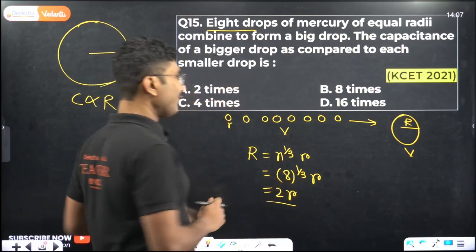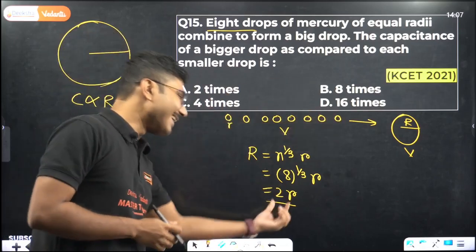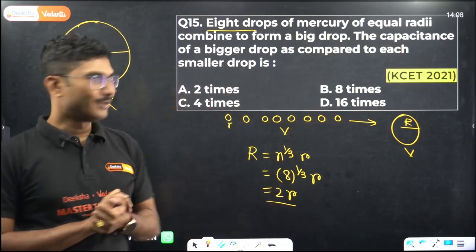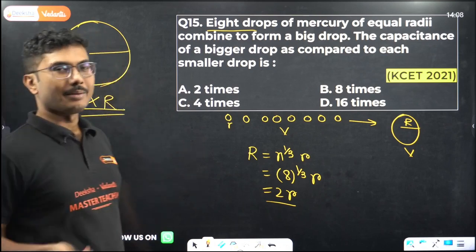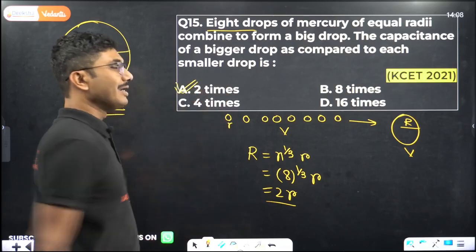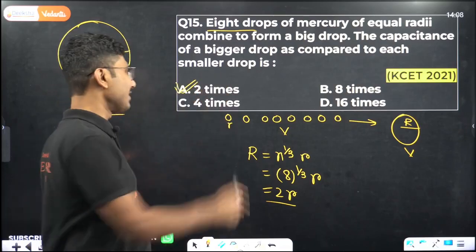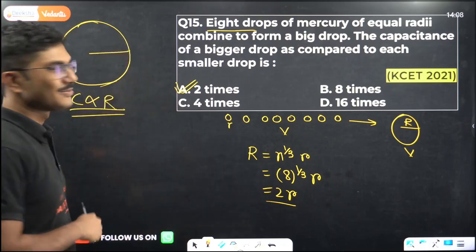So even though 8 smaller spheres are merging to make a larger sphere, the radius is only getting doubled. That means the capacitance will only be doubled compared to the smaller sphere. So the capacitance of the bigger sphere is only 2 times that of the smaller spheres.